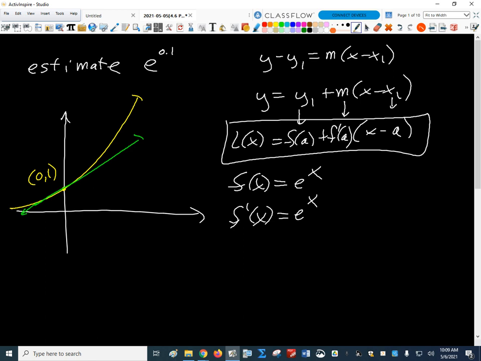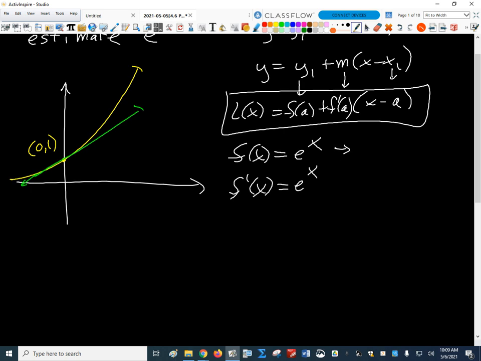And we know a is 0, so we can calculate f of 0 equals e to the 0, which is 1. F prime of 0 equals e to the 0, in this case the same thing, which is 1. And we've got everything we need for our linear approximation then, right?